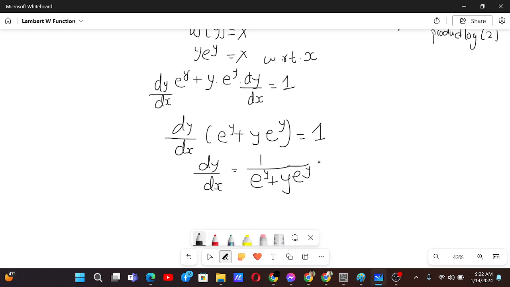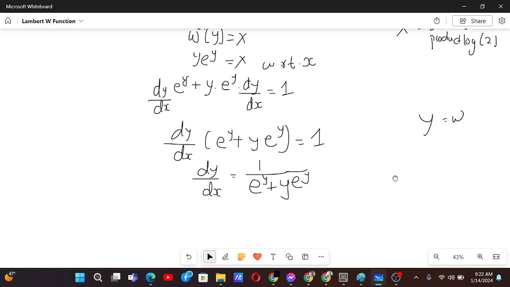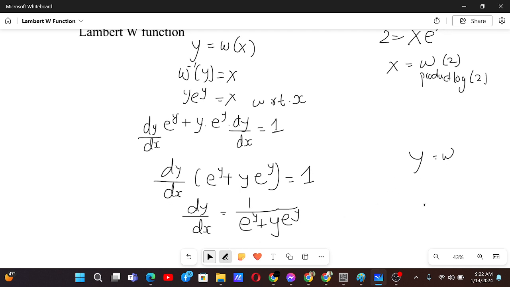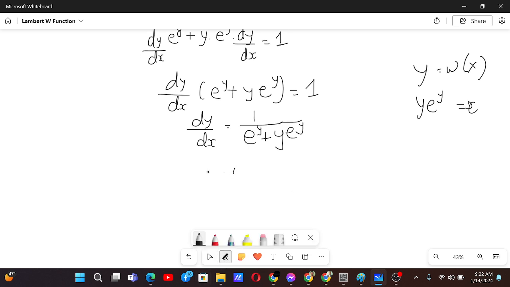Now let me first clarify: y is Lambert W of x here, and y e to the power y is x.